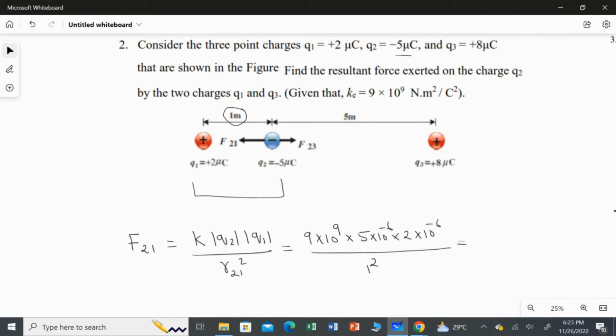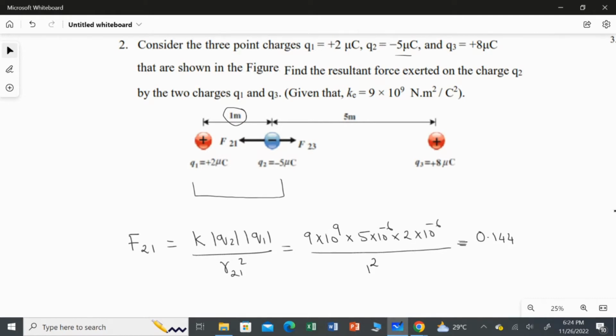Clear? So I calculate the force: 9 multiplied by 10 power 9 multiplied by 5 times 10 power minus 6 multiplied by 2 times 10 power minus 6 over 1 squared. I got the answer as 0.144.